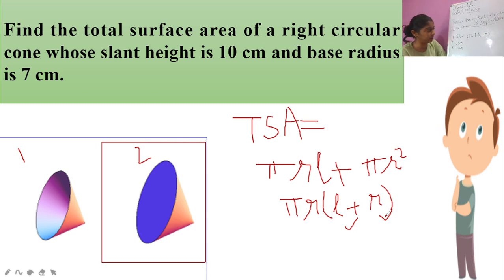So we have got the total surface area formula, right? So we will substitute all the terms. So that is 22 by 7 and radius is 7 and the slant is 10 and you have to add the 7. Okay, so now cancel out all the terms and add this also, 22 by 7 into 1 into 17. So please calculate the answer and tell me what is the answer.